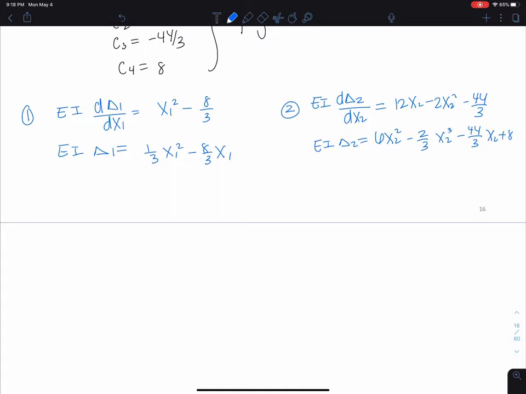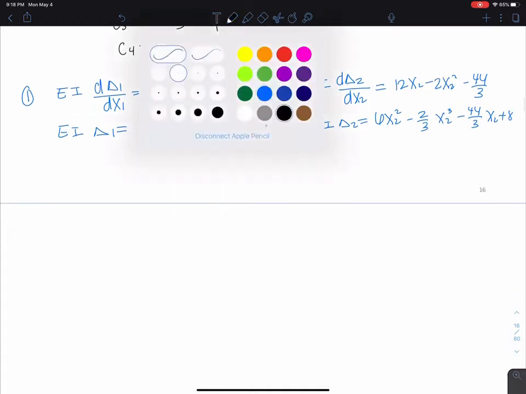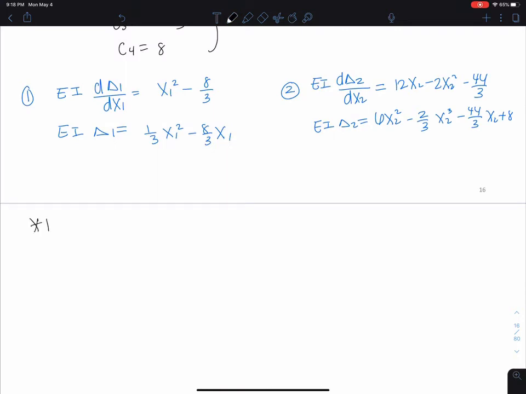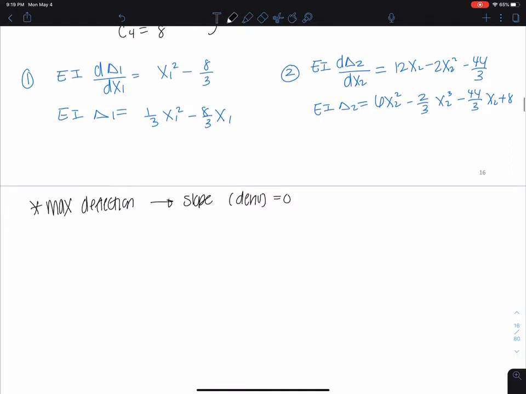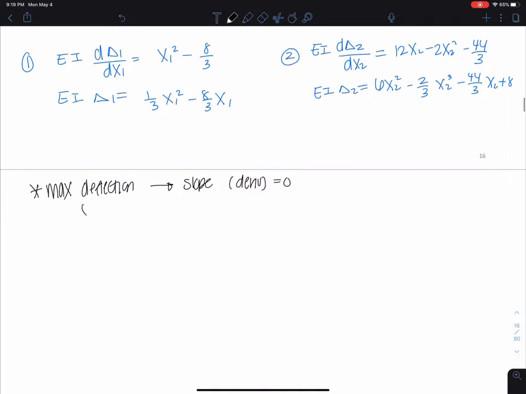If I wanted to find the max deflection, which is what the problem asks for, I need to remember that max deflection occurs when slope, or derivative, equals 0. So basically max delta occurs when d delta over dx equals 0.